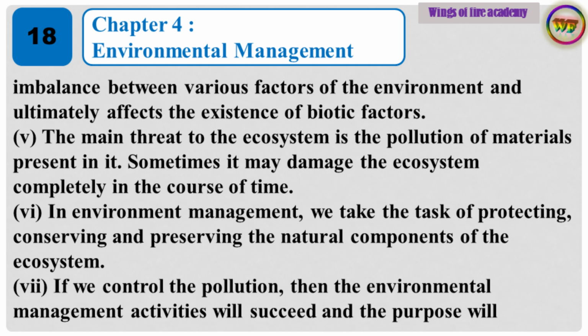Point 5. The main threat to the ecosystem is the pollution of materials present in it. Sometimes it may damage the ecosystem completely in the course of time. Point 6. In environment management, we take the task of protecting, conserving and preserving the natural components of the ecosystem.